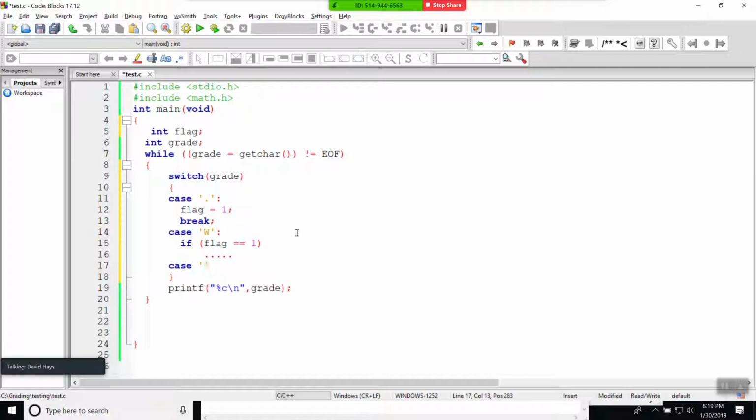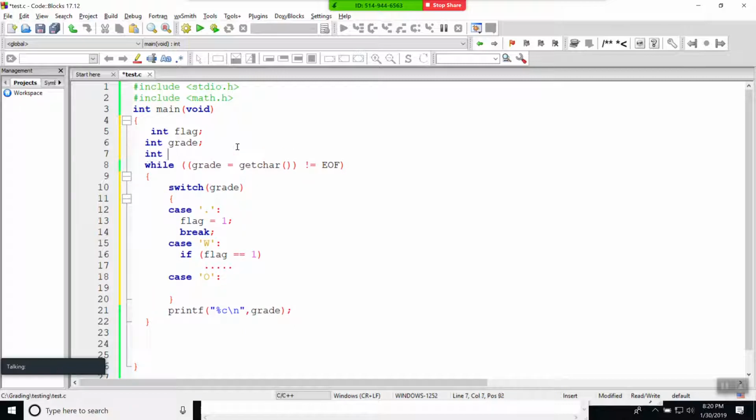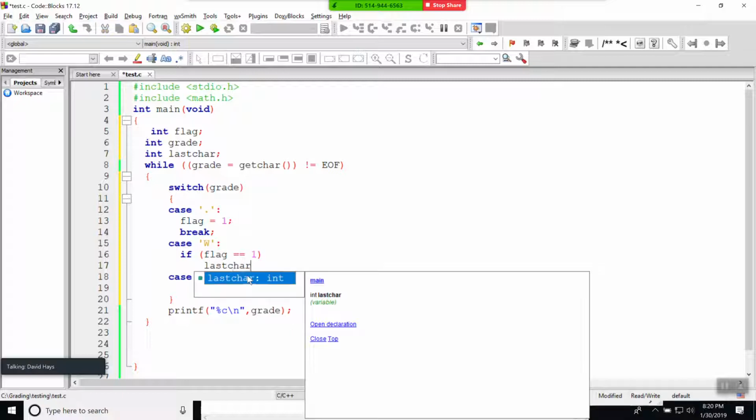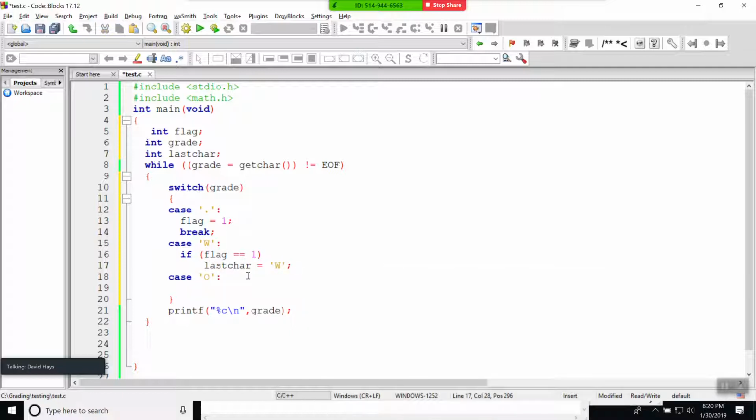This is where you could have a bunch of if statements within a switch statement. If the next one was an O, this would be assuming that my previous one was a W. So I might check to see if there's a flag indicating the first one is a W, or what the last character was. For example, I could keep track of the last character, and if it's a W, then the last character equals W. I need a break there.